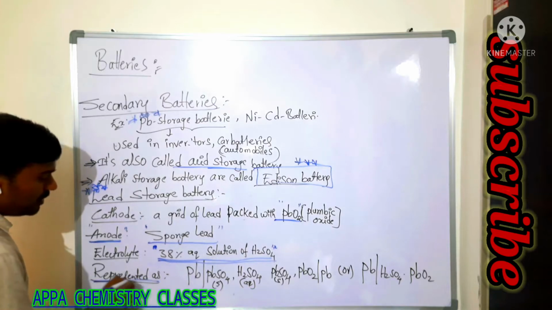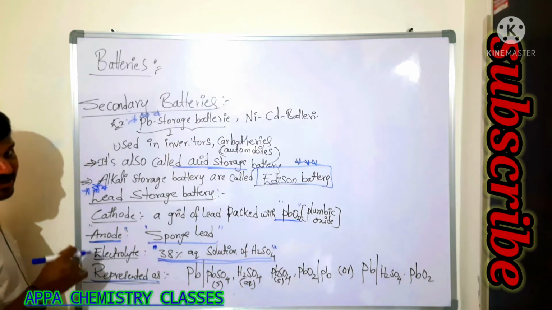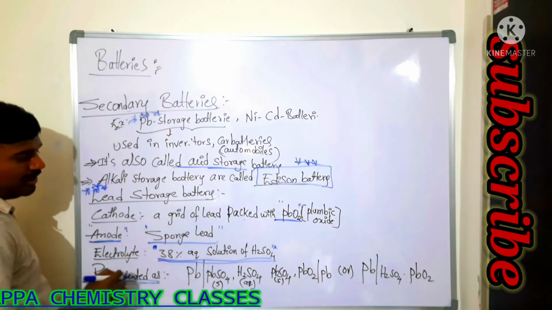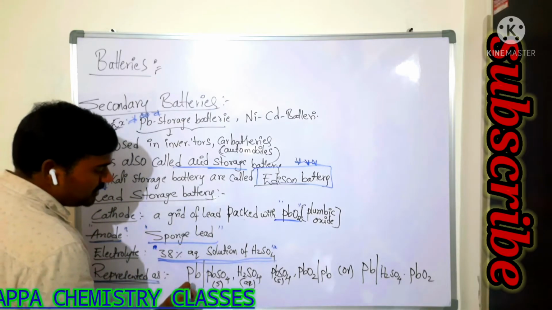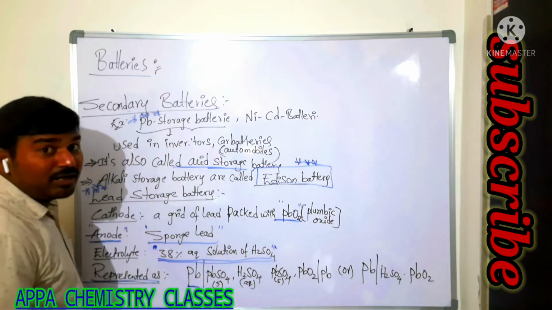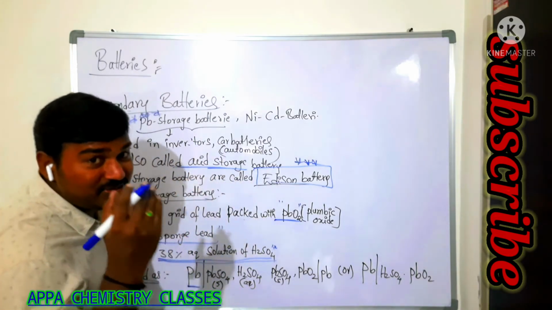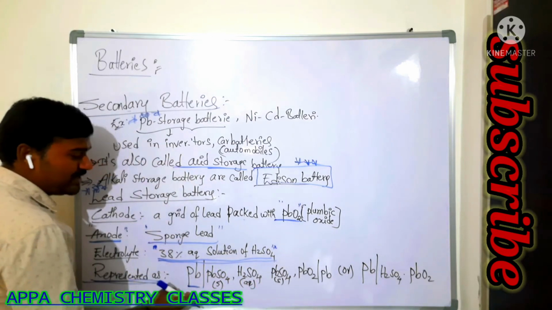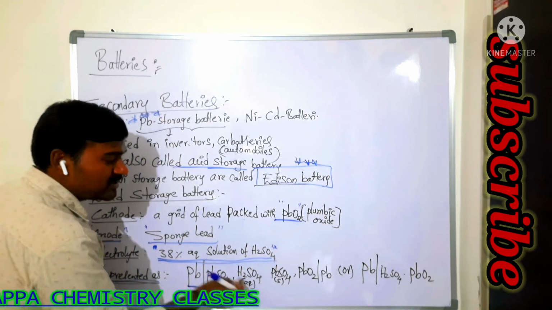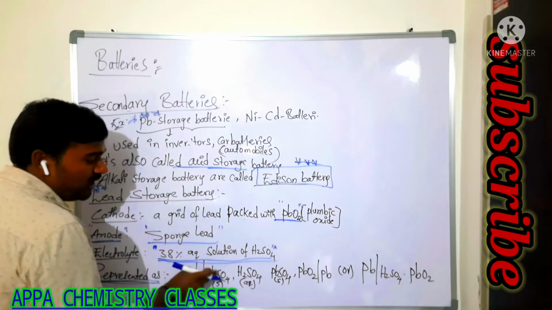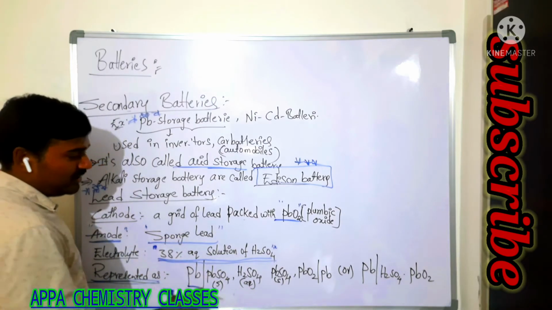Next is the representation. It is a cell representation of this acid storage battery, that is the lead storage battery. Now you see here, this is lead, on your left hand side. On the left hand side is the anode. This is sponge lead placed in aqueous sulfuric acid electrolyte, with lead sulfate in solid form.